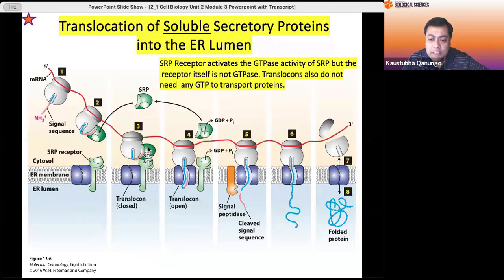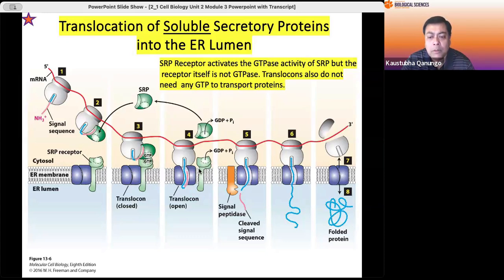And once this GTP is hydrolyzed, the ribosome along with the mRNA and the part of the protein is going to be transferred onto the open translocon. So this is needed. Just remember that's how the sequence of events happens. The SRP with the GTPs brings the ribosome onto the SRP receptor. The SRP receptor activates the GTPase activity of the SRP itself. So SRP is hydrolyzing the GTP to Pi.